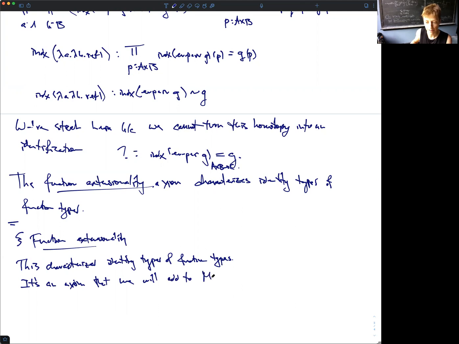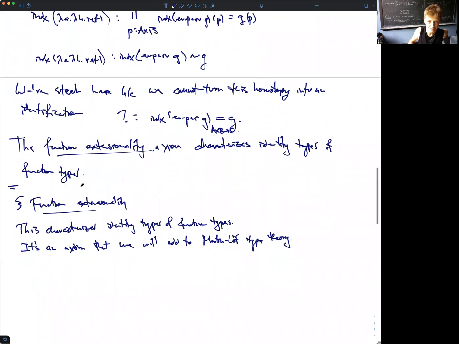So this is not something that's provable from the other axioms that we've stated so far in type theory, though we will add it now. It will be provable from the univalence axiom that we will add later on. So ultimately, we would just require one additional axiom, not two. But let's do this one first.